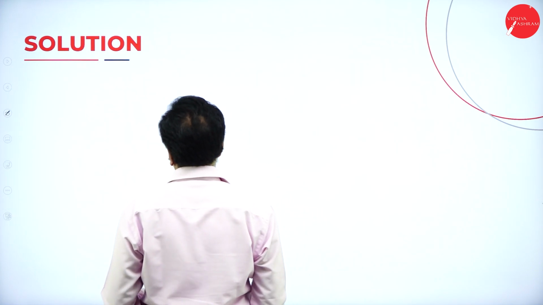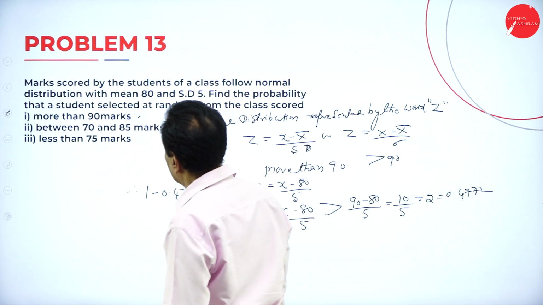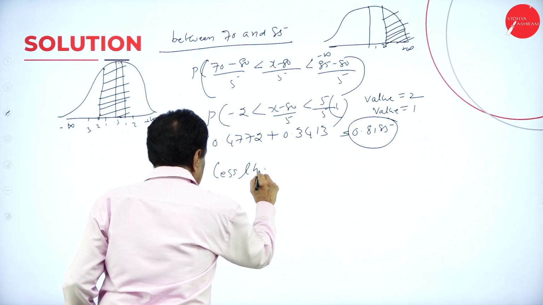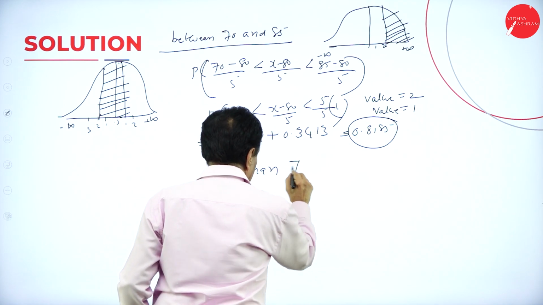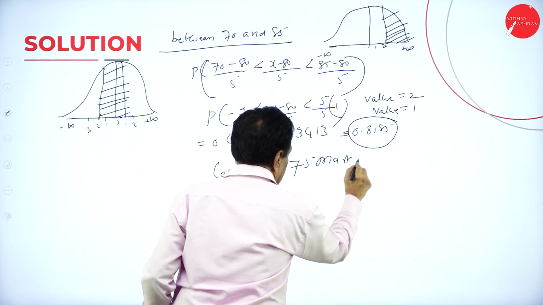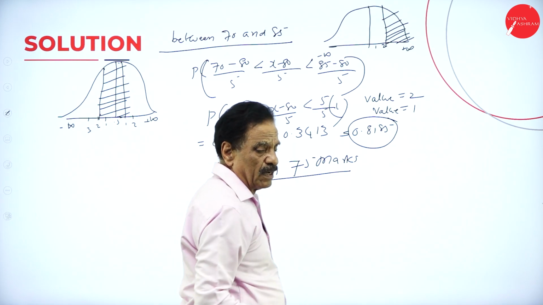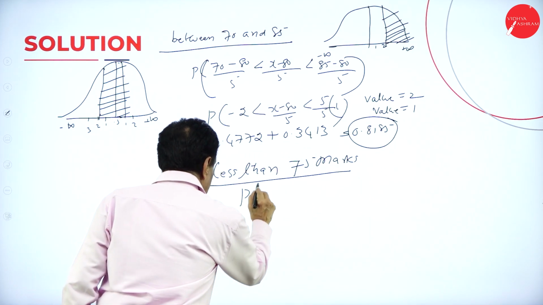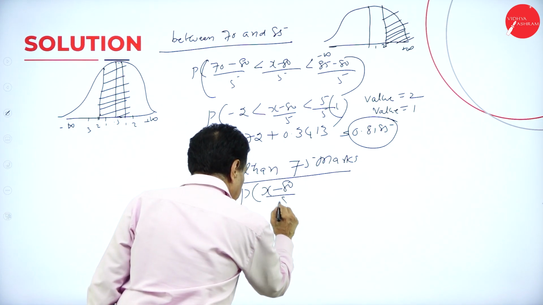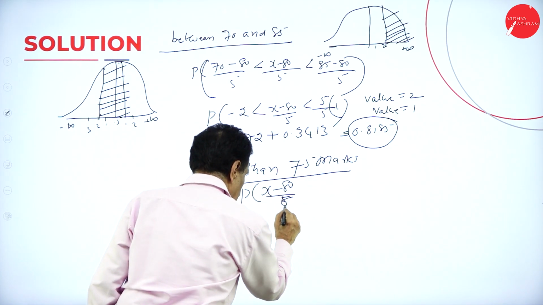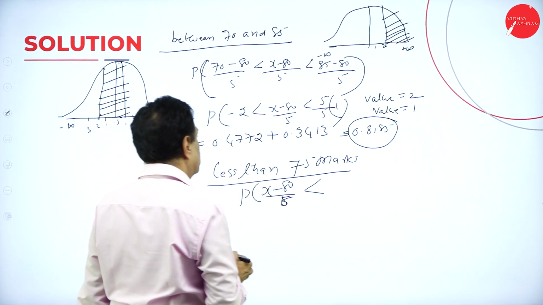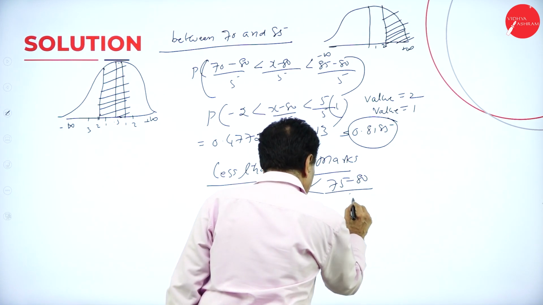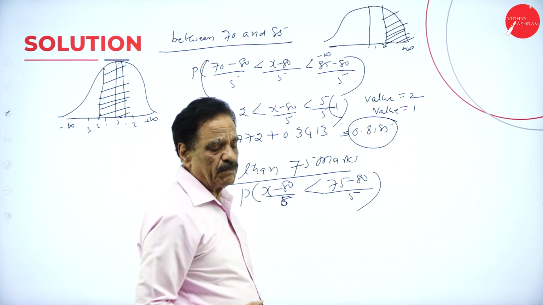Then, regarding the third, less than 75. Last one, less than 75. P, x minus 80 divided by 5 less than 75 minus 80 divided by 5. This way you have to write.